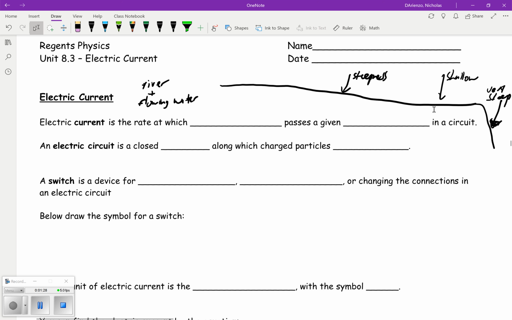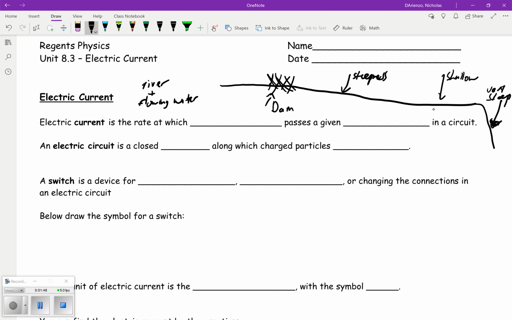But the water flowing down the waterfall is going to be flowing a lot faster than it is over the shallow part. And at some point here, I'll just kind of make this a barrier. Think about why beavers build dams. What's the purpose of that?